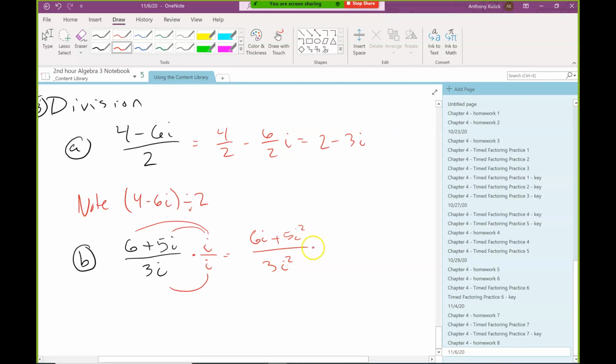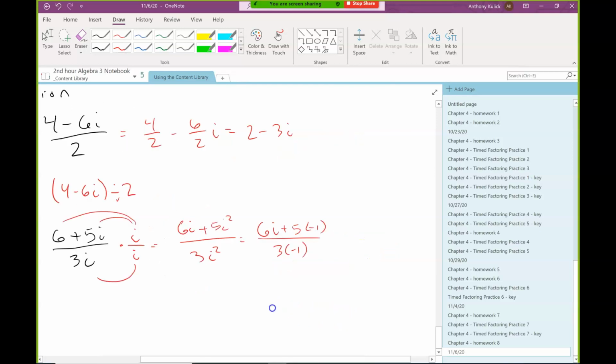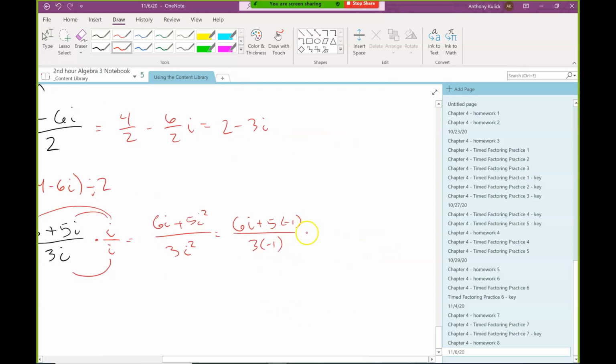And now this looks just like the previous problem, right? So I can write -5 over -3 plus 6i over -3, or if we simplify this down, 5/3 minus 2i.